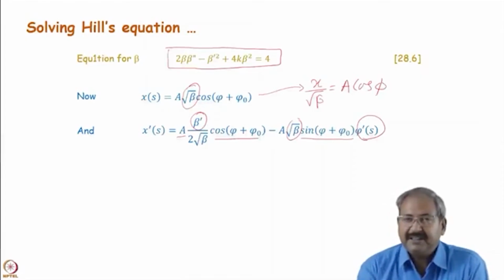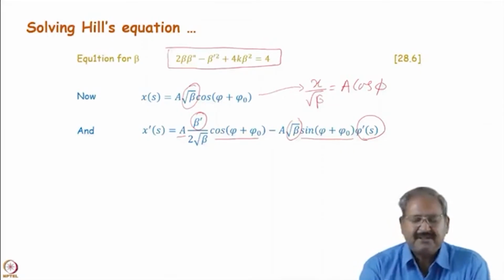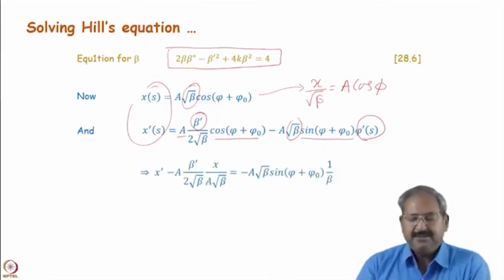In the case of the simple harmonic oscillator, if we differentiate x, we get the velocity. In that case, velocity is also omega a sin phi with a minus sign. So can we get some form of differentiation of x similarly? We are trying to do that.